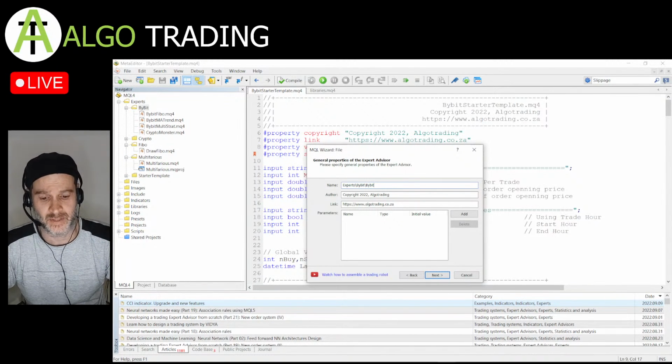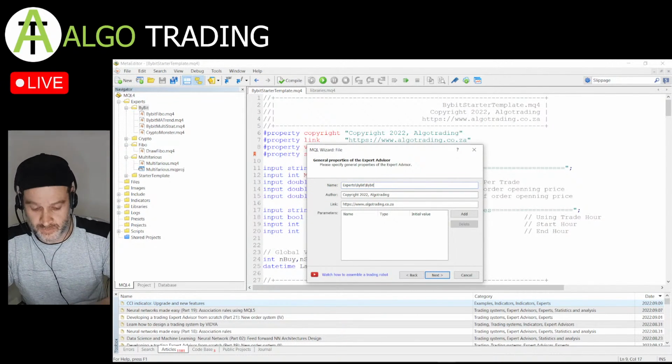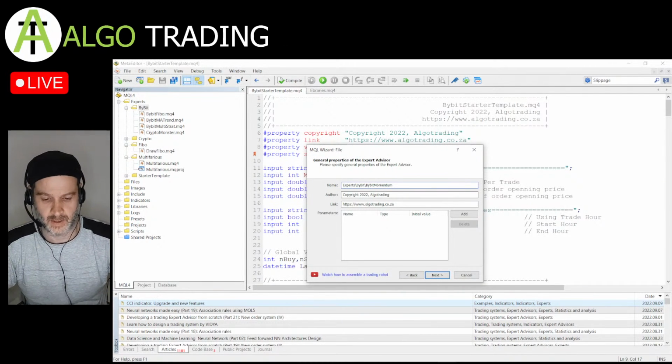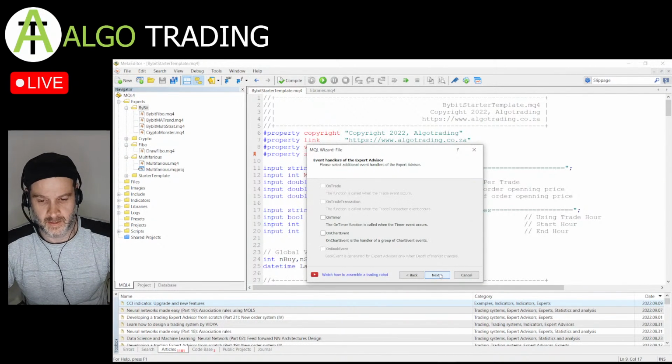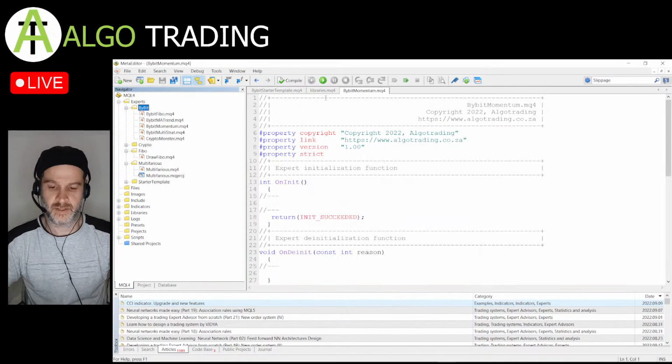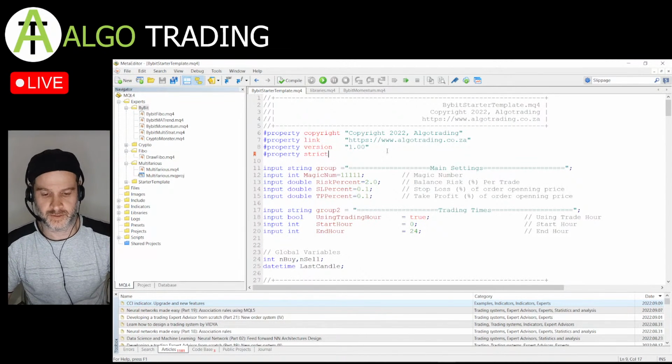But I'm specifically writing these EAs to trade cryptocurrencies, though they'll probably work on any other forex pair or index.